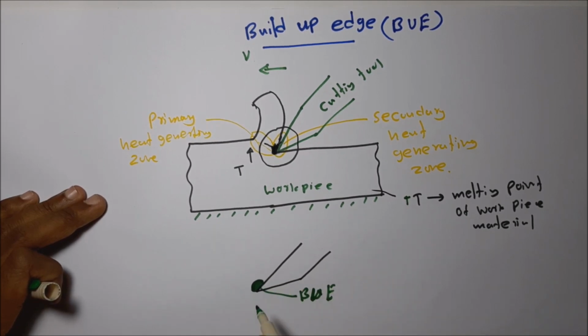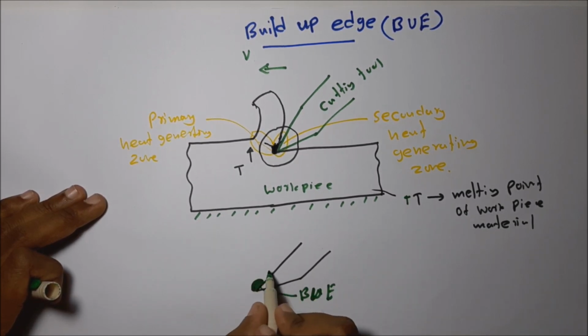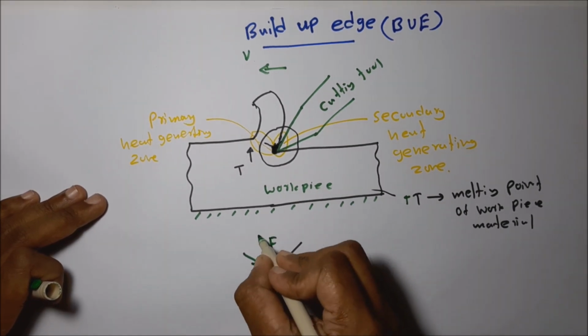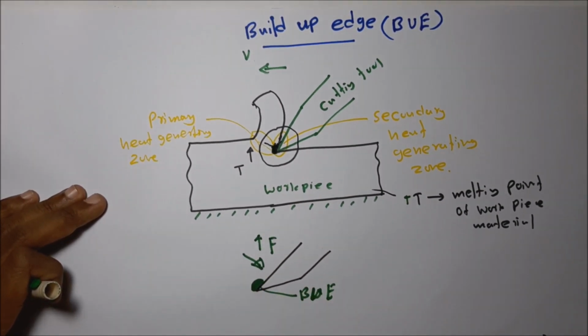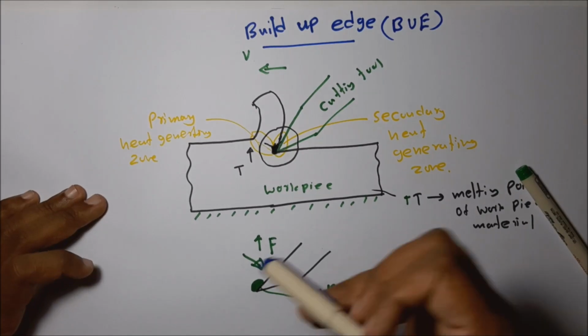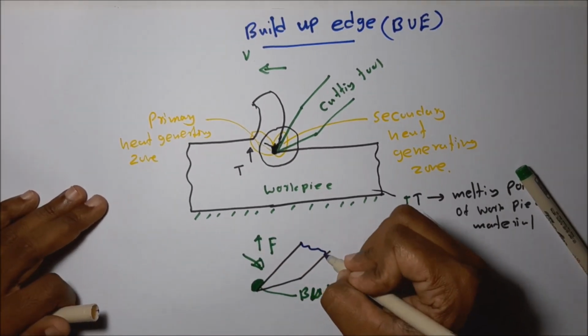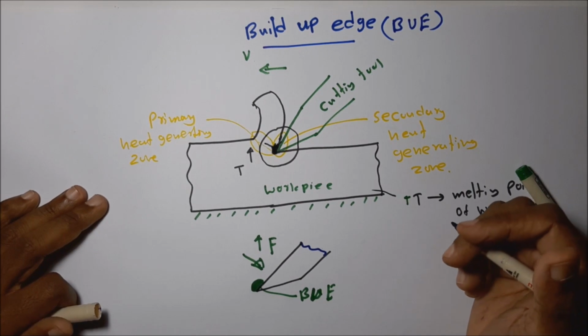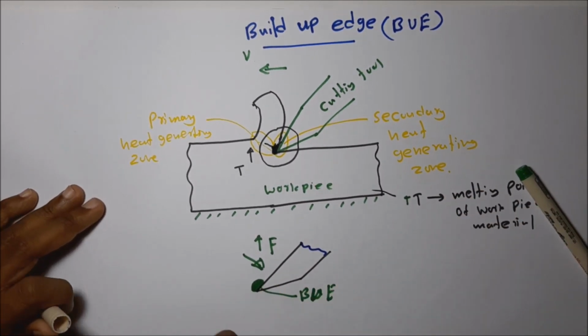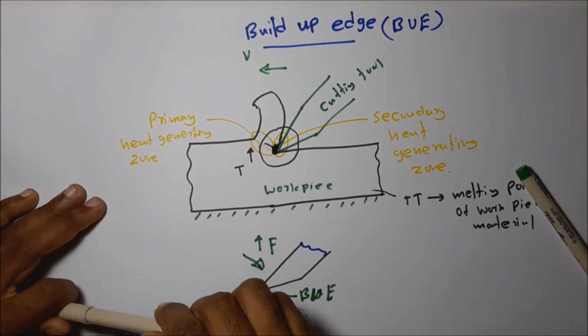In that situation, what can you say about the force acting on the cutting tool? Because of this huge blunt tool tip, the force acting on the cutting tool also increases. When it reaches the breaking limit of the cutting tool, what happens? The tool fails. The tool may bend or fracture.